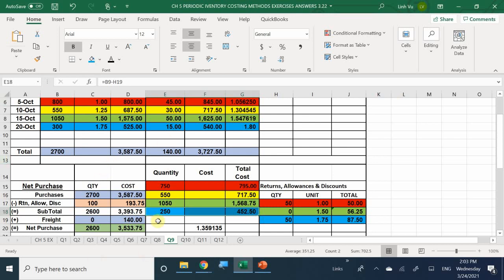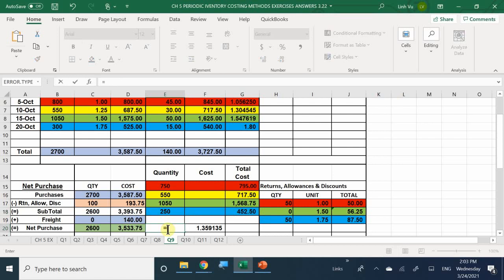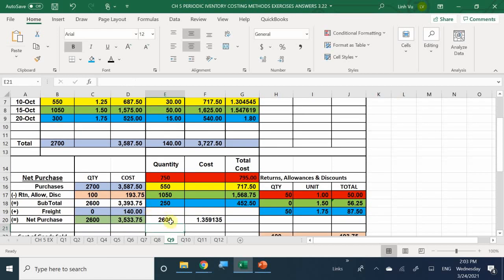Go ahead and add up your total quantity. How many goods available of quantity do you have? 2,600. So here, if I were to just grab this right here, it should say I have 2,600, right? What about my total cost?